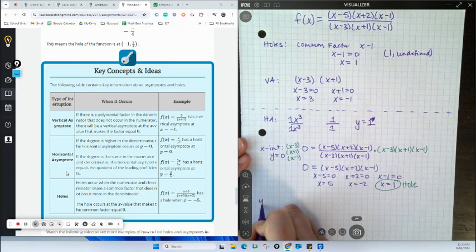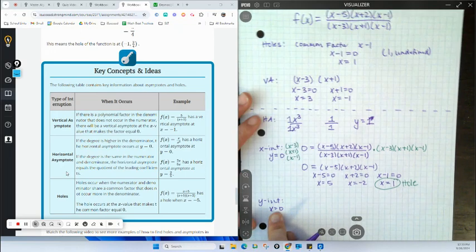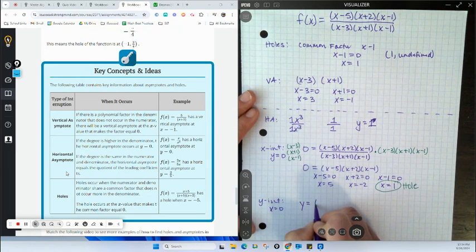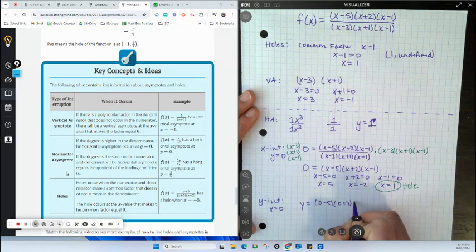So now we're going to quickly look for the y-intercept, which occurs when x is equal to 0. So if x is equal to 0, I'm going to replace all of these x's with 0 and solve for the output. I'm going to use y for the output just because I'm being lazy and don't want to write a bunch of f of x. 0 minus 1 all over 0 minus 3, 0 plus 1, and 0 minus 1.